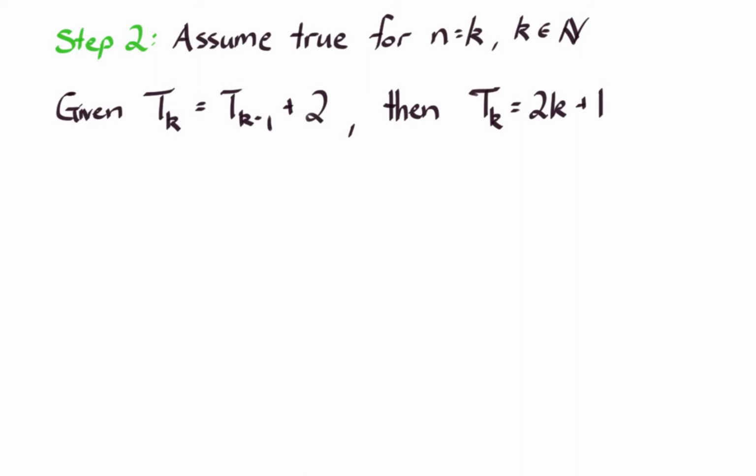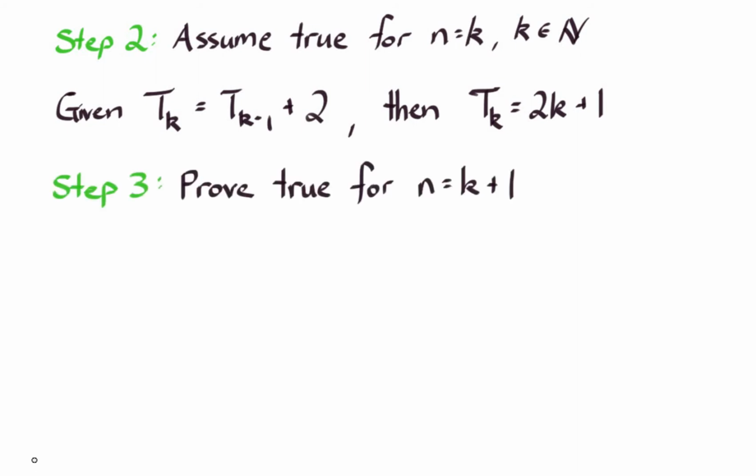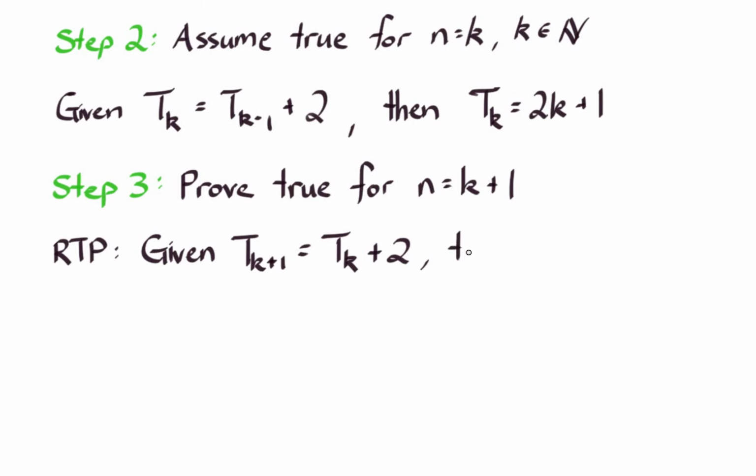Now, step 3. Prove true for n equals k plus 1. So let's write out what we're required to prove, and that is that given t(k+1) being equal to the term prior, so tk plus 2, given this, then t(k+1) can also be found as 2 lots of (k plus 1) plus 1.